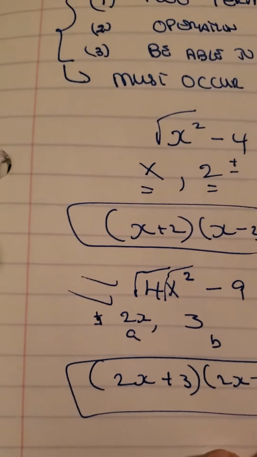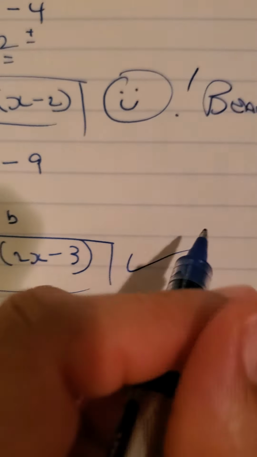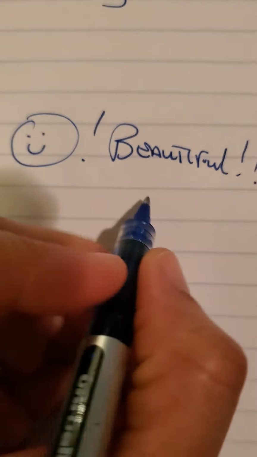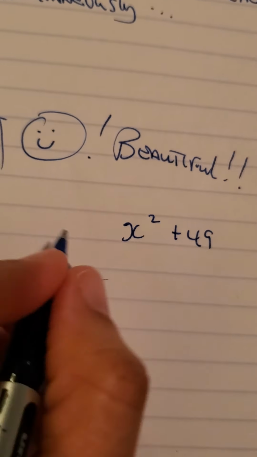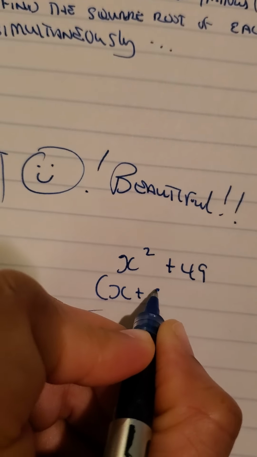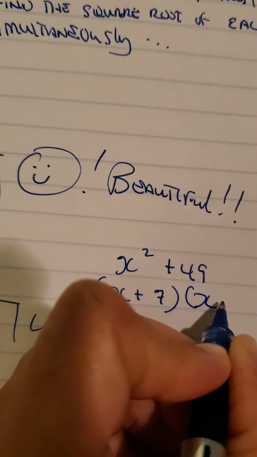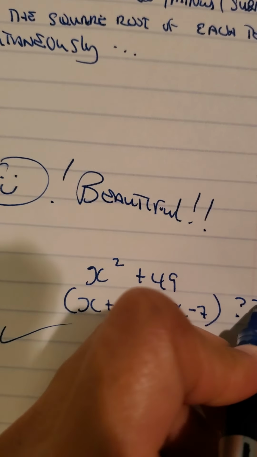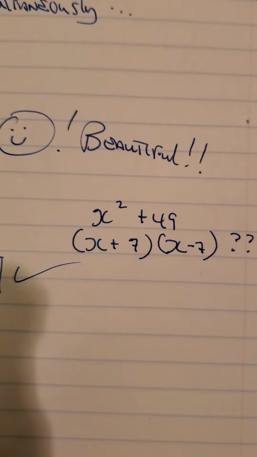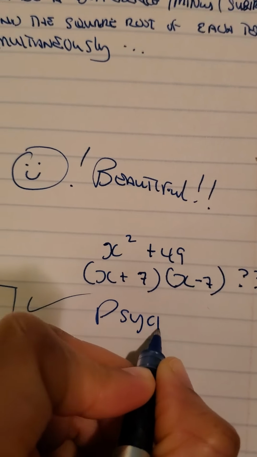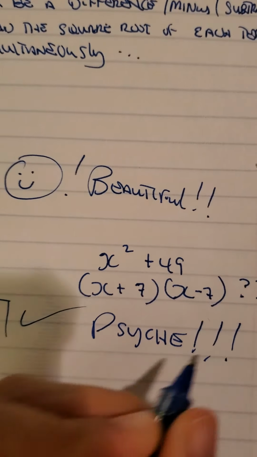Now, let's see another one. Let's try x squared plus 49. What do you think it is? X plus 7, x minus 7? Psych! Nope.